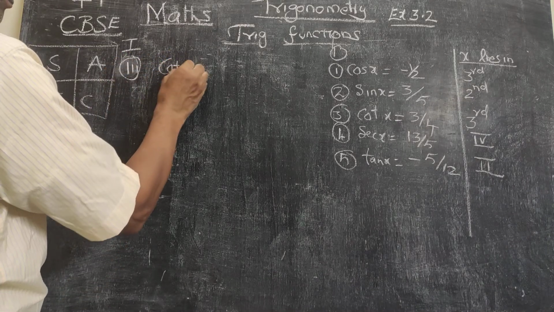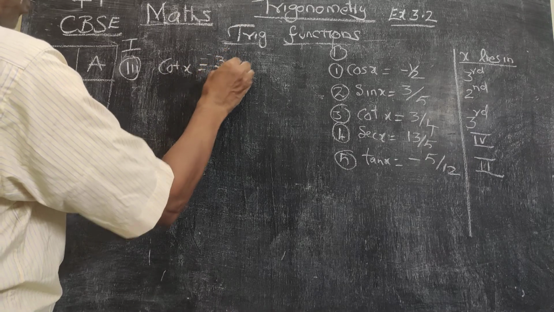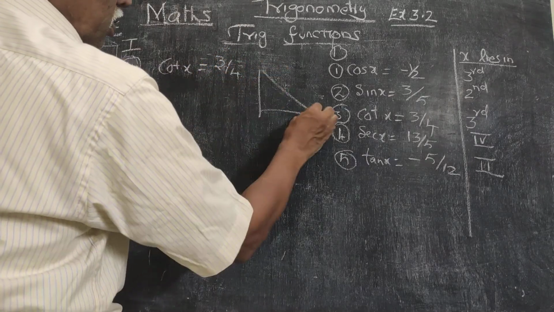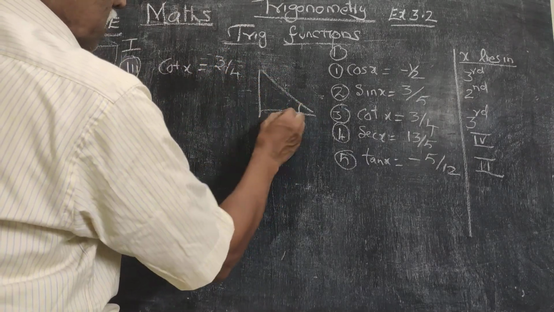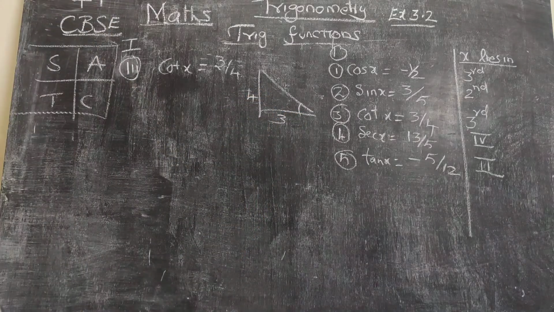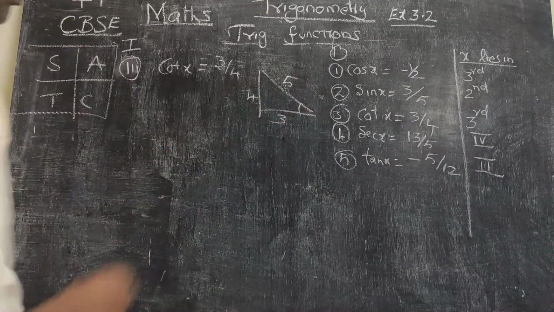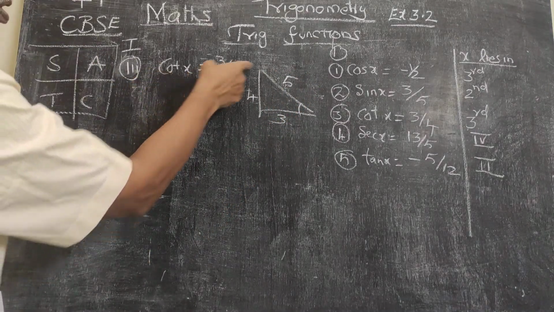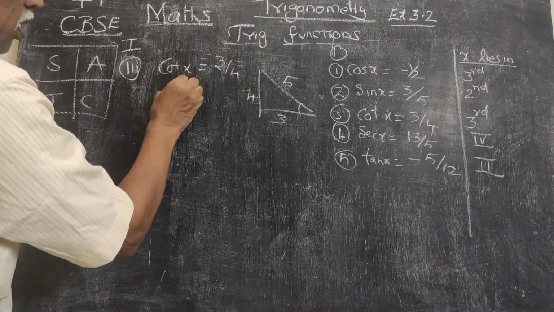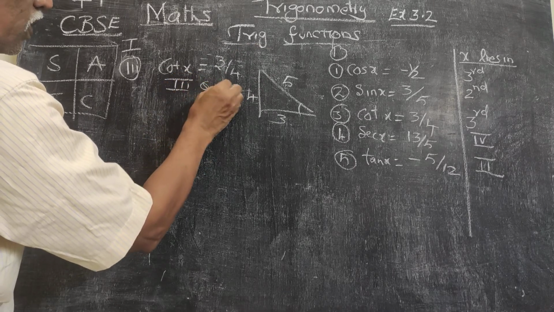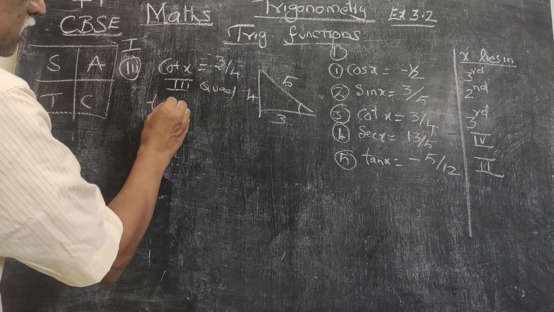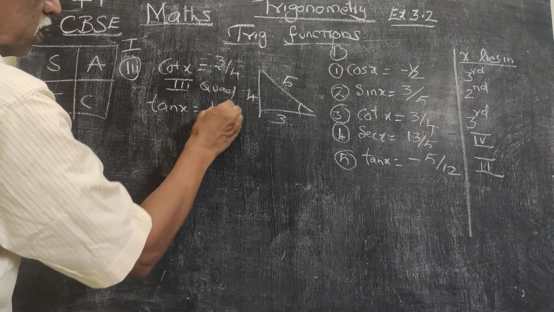Given cot x equal to 3/4, adjacent by hypotenuse. If it is 3, 4, the Pythagorean triad gives 5. Cot x is 3/4 in the third quadrant, therefore it is positive. Then what about tan x? Tan x is the reciprocal.